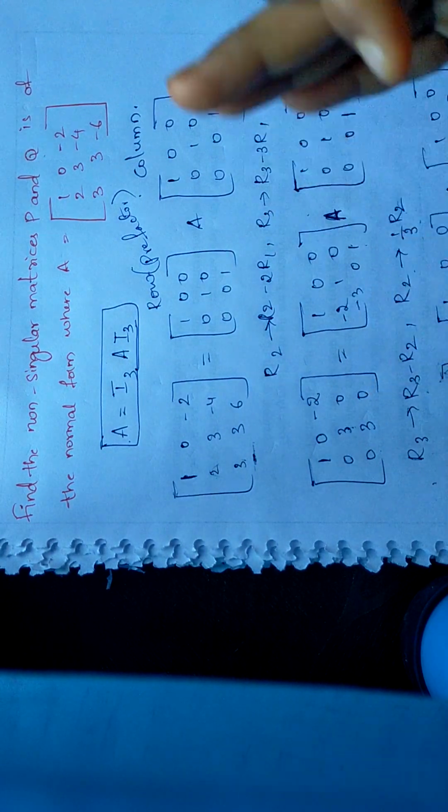But there is one more condition here. If you are making any row transformation, you have to perform it only on the first matrix, which is called the prefactor matrix. And if you are making any column operations, you have to perform them on the second matrix, that is the post factor matrix.